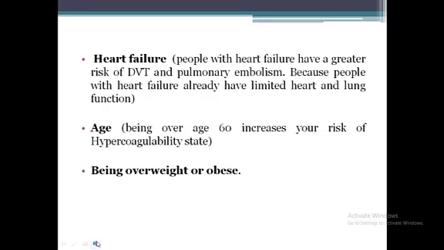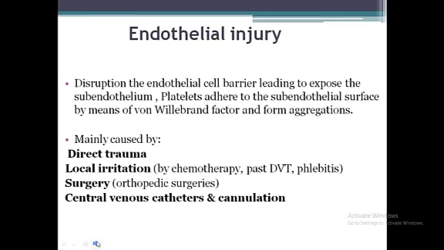And heart failure, as we said, because those people already have limited heart and lung function. And age is also an important factor. Being over the age of 60 increases the risk of a hypercoagulability state, and being overweight or obese is also a risk factor.